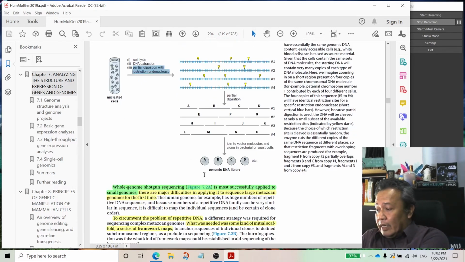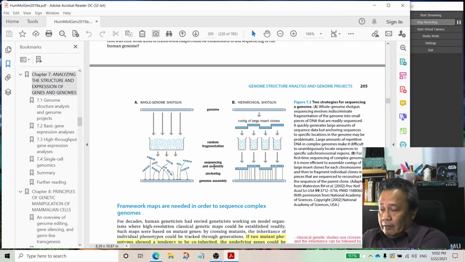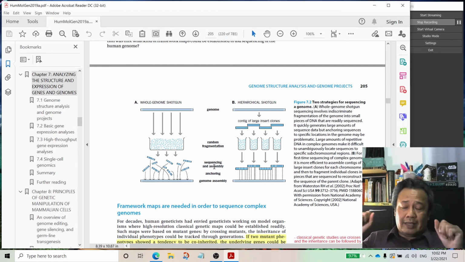Now the next picture, figure 7.2, talks about the difference between a whole genome shotgun and a hierarchical shotgun. The strategy is the same: you chop them up into smaller pieces and then you sequence.